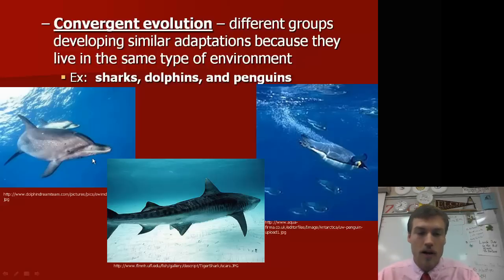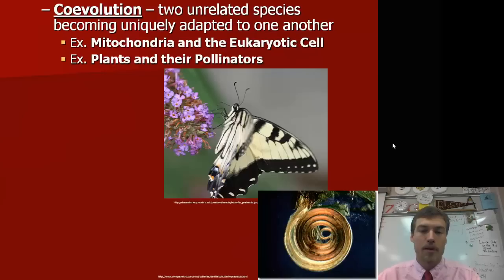So they all have developed kind of very similar body characteristics, right? A very streamlined body. They have fins, right? The wings of the penguin act like their fins. So that would be convergent evolution. An example of that would be analogous structures from our evidence for evolution, right? They live in the same environment. They have very similar body plans.